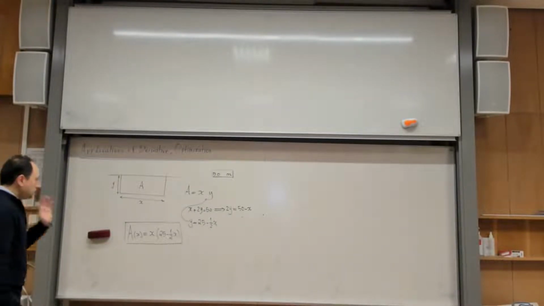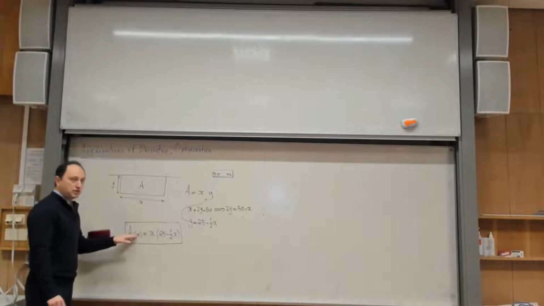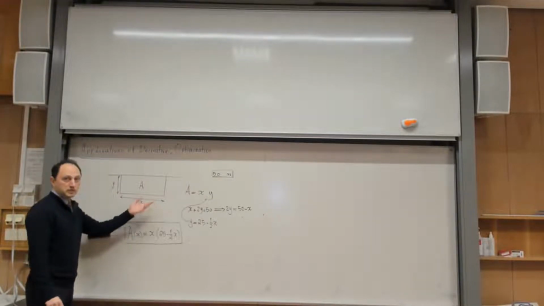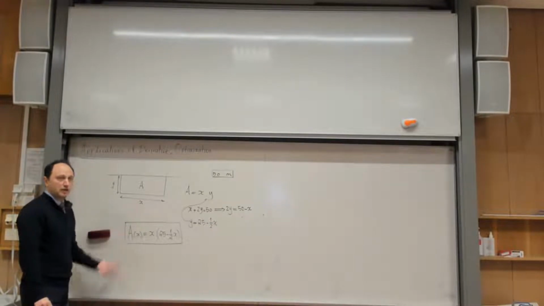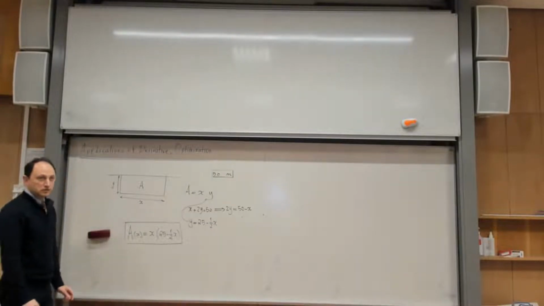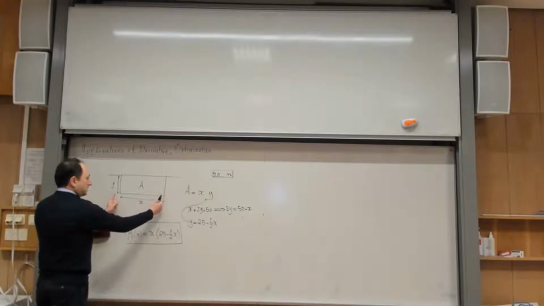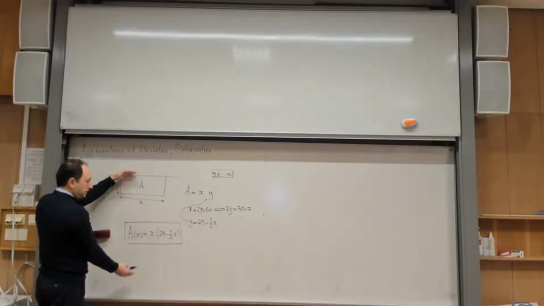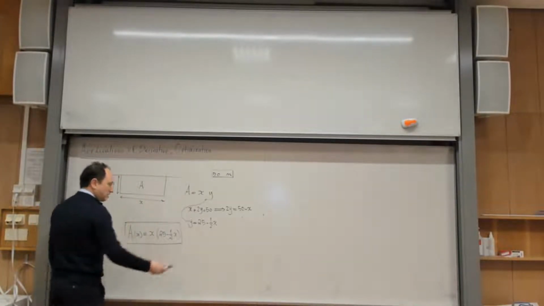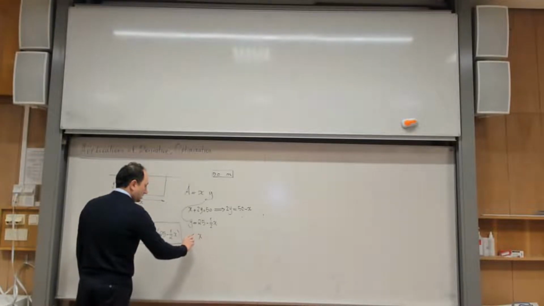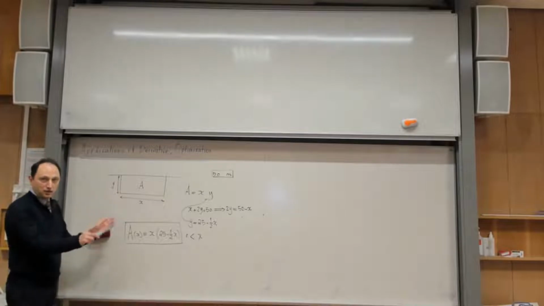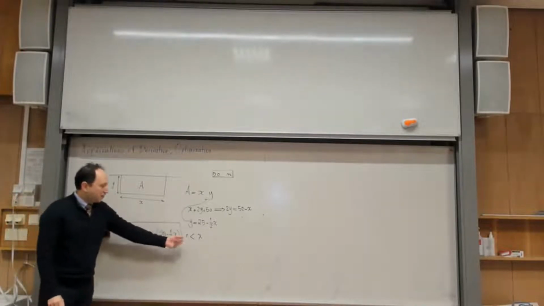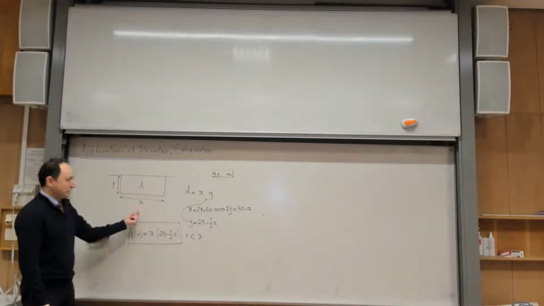But now, there are some practical limitations for x. It's a practical problem. So, what is the minimum possible value for x? I can make it thinner and longer. So x, hopefully you agree with me, is not 0, but it cannot be negative either. X is the length, it cannot be negative, and x equals 0 doesn't make sense, yes?